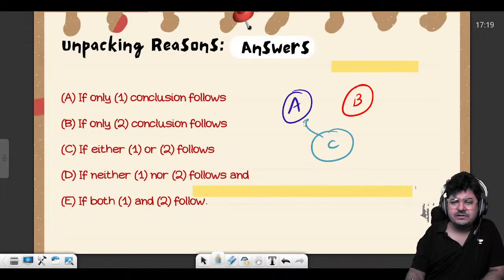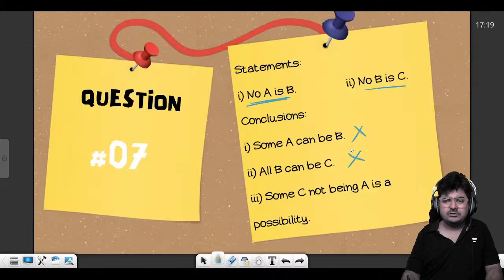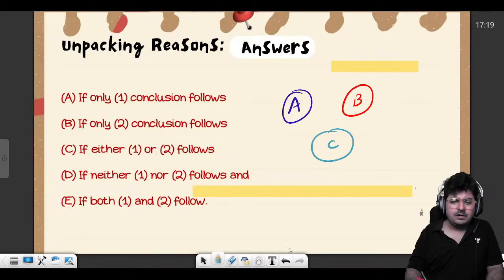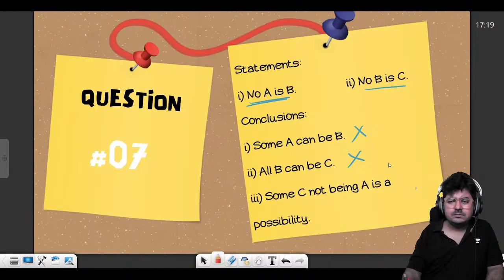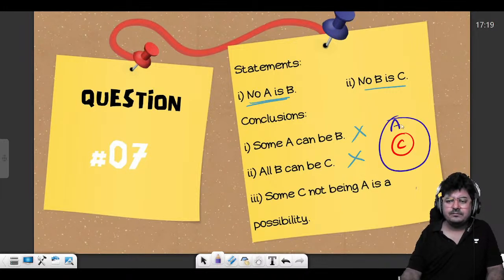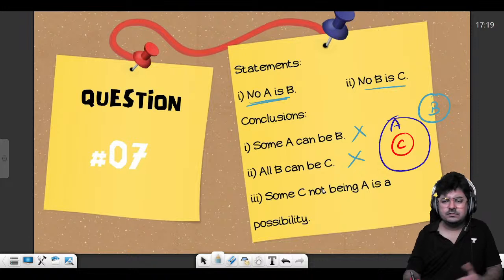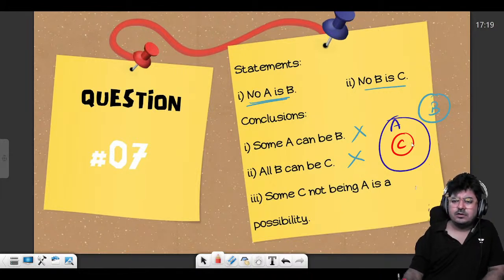Like here you can see some C, or it is also possible if you look at the diagram: A, some C not being A. So this is C, which is the part of A, and this is B. So you can see that all C can be A, and they are saying some C not being A. So that is also possible.